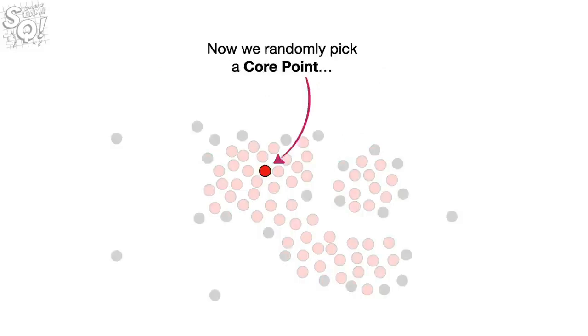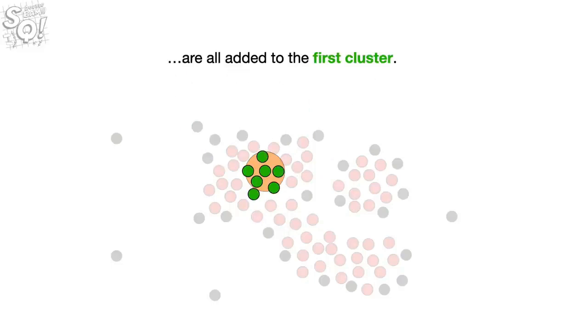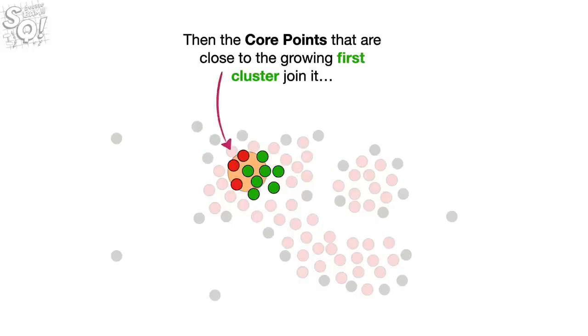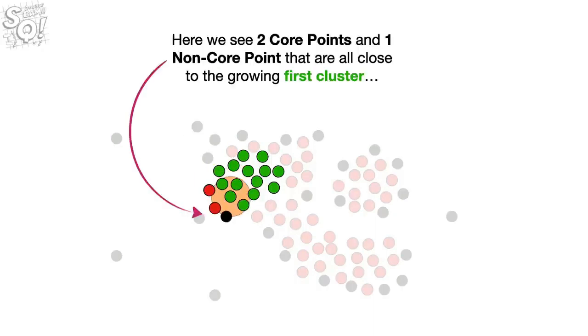Now we randomly pick a core point and assign it to the first cluster. Next, the core points that are close to the first cluster, meaning they overlap the orange circle, are all added to the first cluster. Then, the core points that are close to the growing first cluster join it and extend it to other core points that are close by. Here we see 2 core points and 1 non-core point that are all close to the growing first cluster.